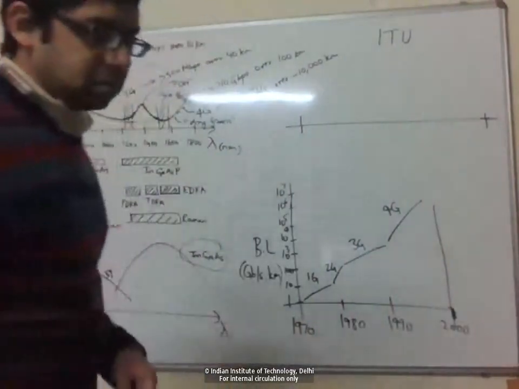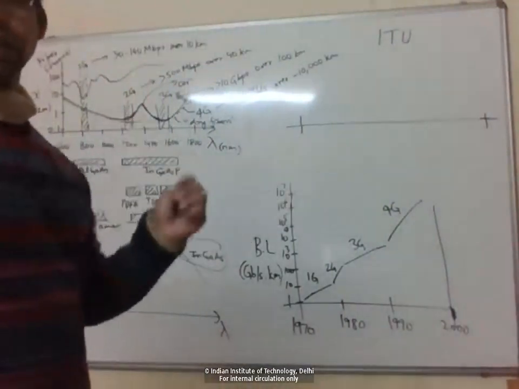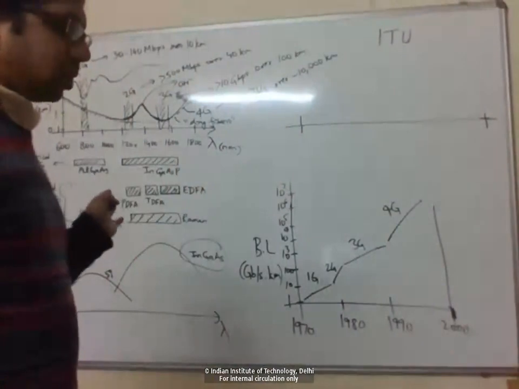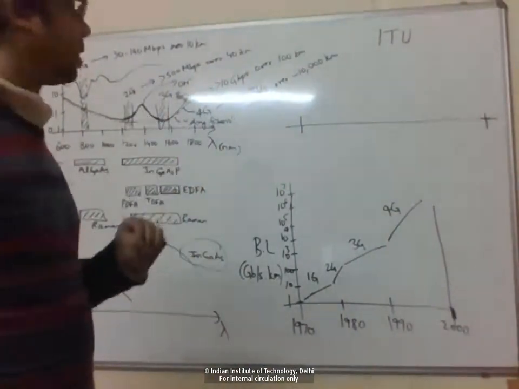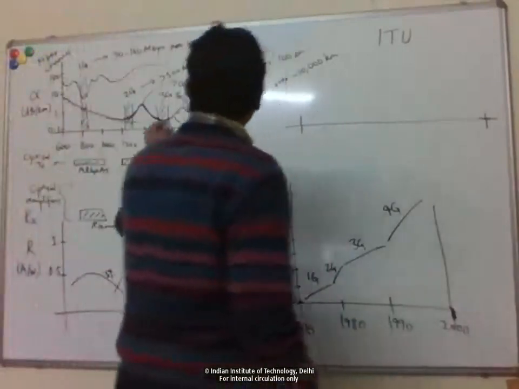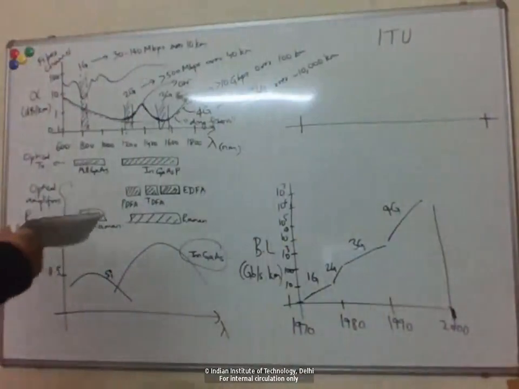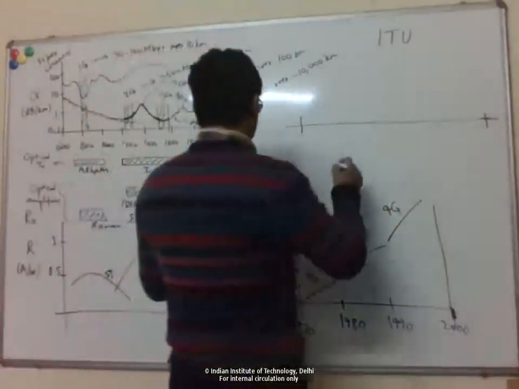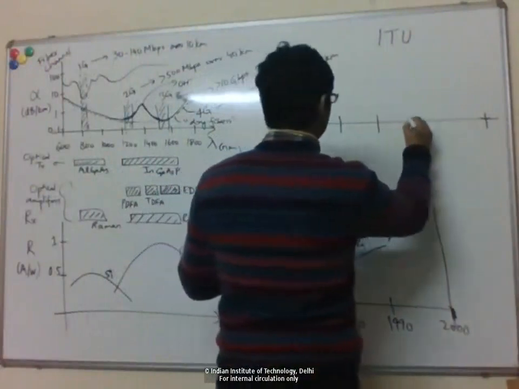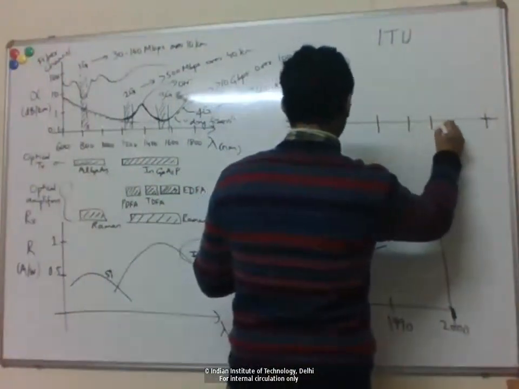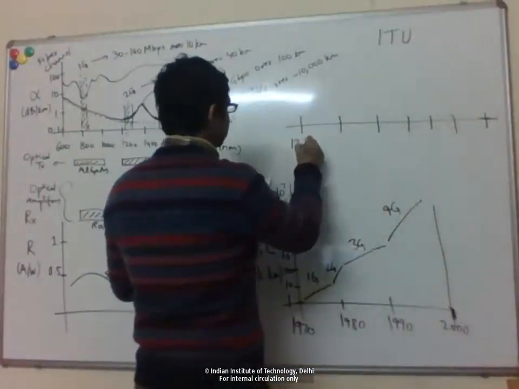So just like in, for example, the RF spectrum or the microwave spectrum is divided into different bands, right? So you might have heard about the microwave K band or X band or mu band or something. So similarly, this optical communication range of wavelengths is divided into different bands. Okay, so starting from 1260.